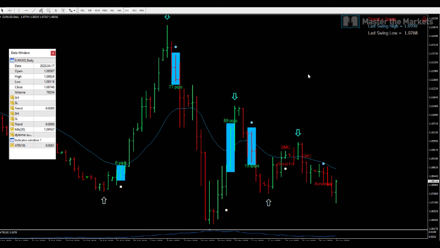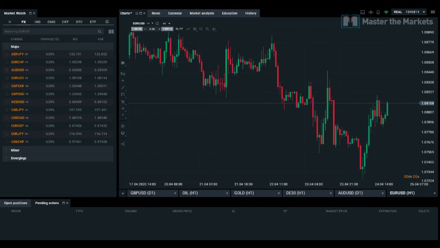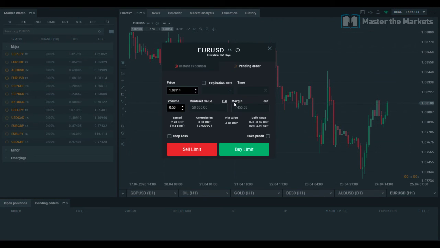Now the good news is that on some other platforms, traders, if you open up the ticket over here, it will tell you by itself whether it's a buy limit or a buy stop. Okay, so for example, let's test this out on EURUSD. Let's say I want to buy at 1.0850.